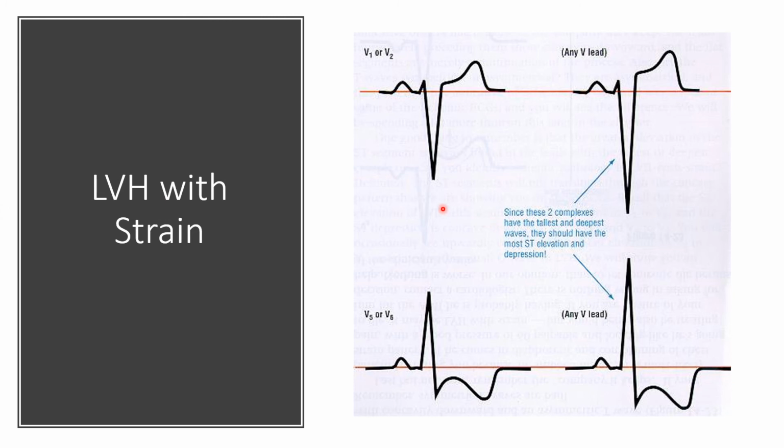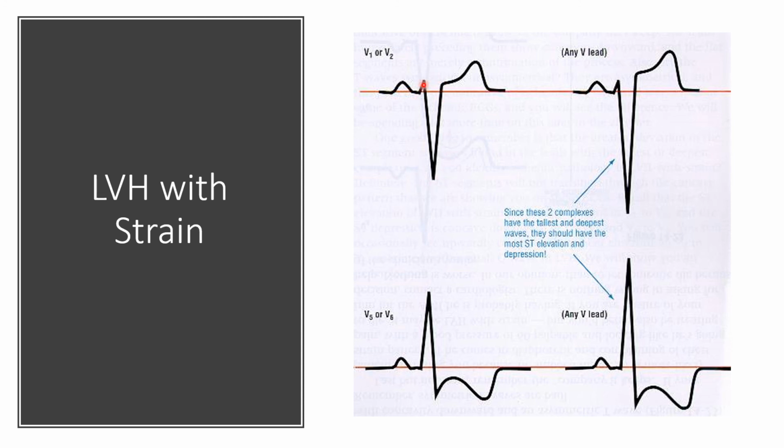In general, the most pronounced ST-T wave changes happen in the same leads where the amplitude of the QRS complex is the highest. So therefore, you will see these in V1 and V2 and V5 and V6. In general, again, the ST-T wave changes occur in the direction that is opposite to the terminal force of the QRS complex.